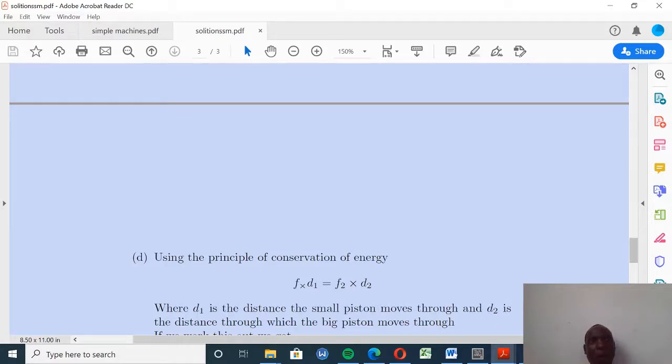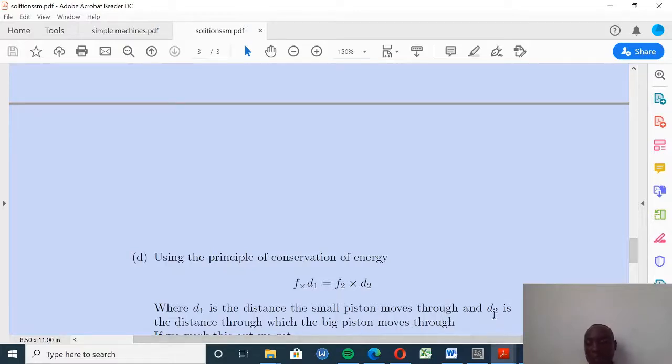Or we can again use the volume displaced: the volume the fluid moves through at the side of the effort should equal the volume that the load side is going to be raised by. So the volume at the effort piston should equal the volume raised at the load piston. If you use that, we get the same thing.